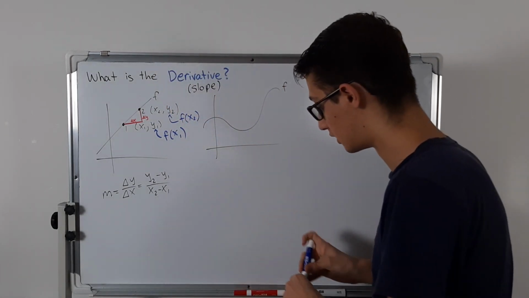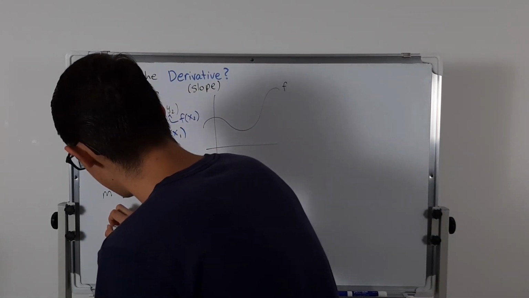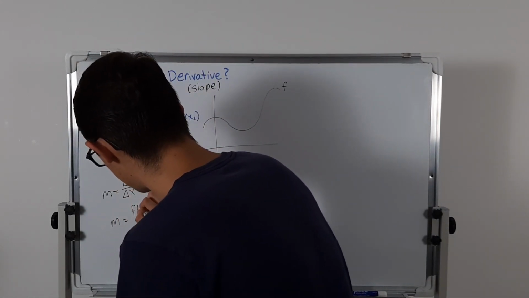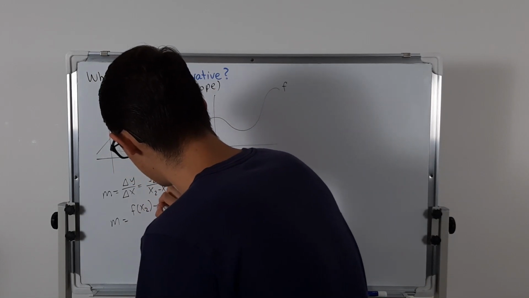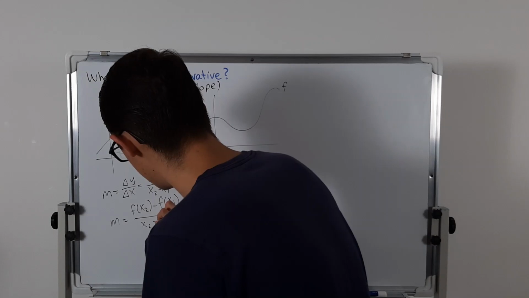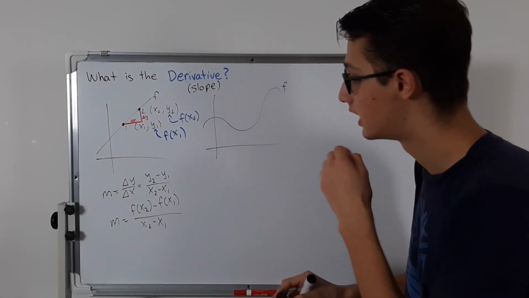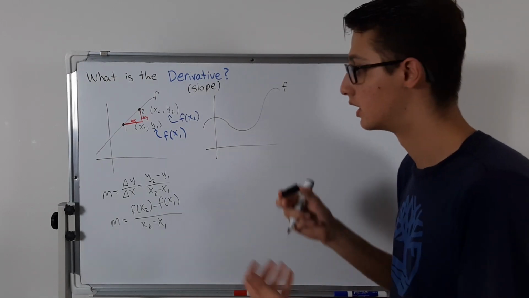Alright, and with that in mind, we can write that m is f of x2 minus f of x1 divided by x2 minus x1. That's another way we can think of this in a more functional view.